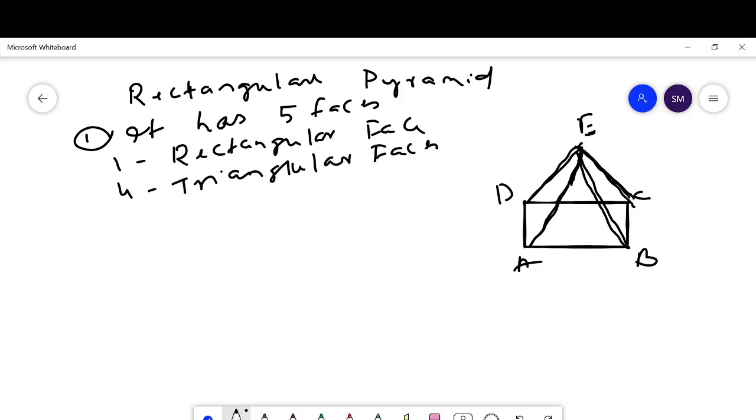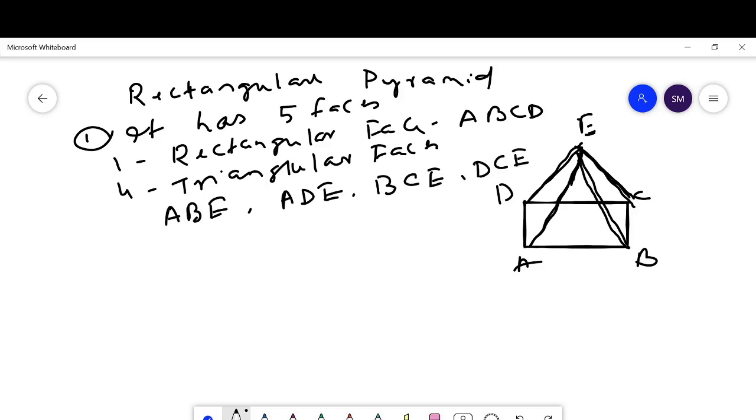The rectangular face is A, B, C, D. The triangular faces are A, B, E, A, D, E, B, C, E, and D, C, E. All these 4 are triangular faces.